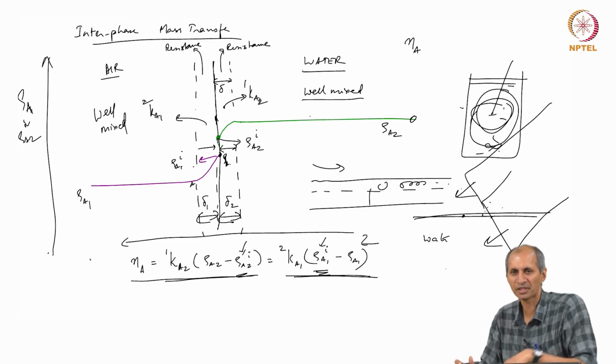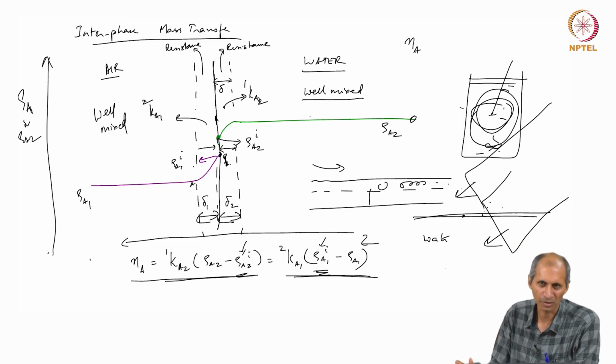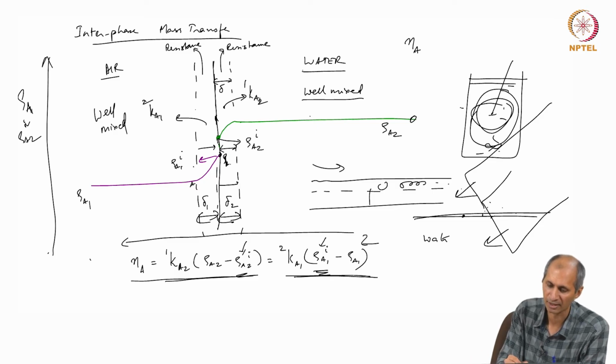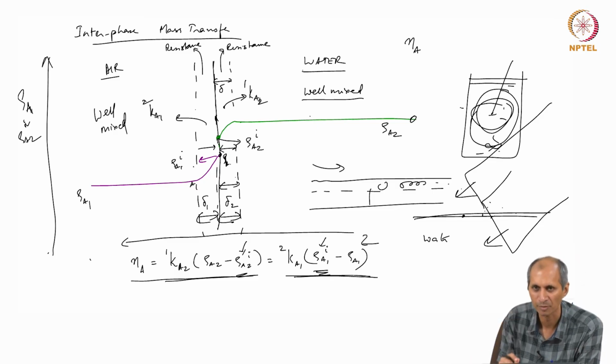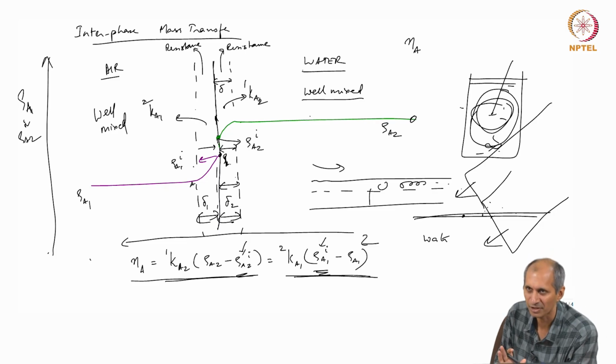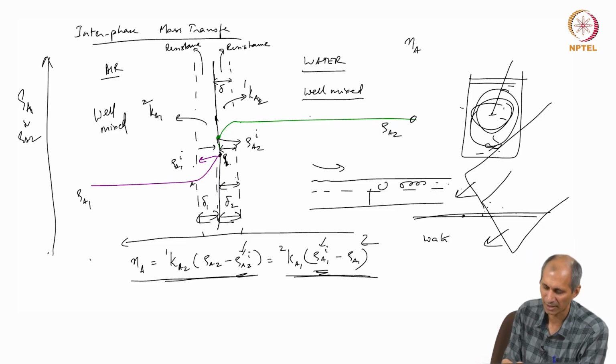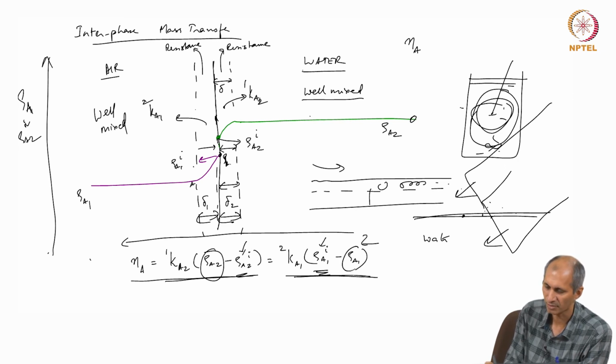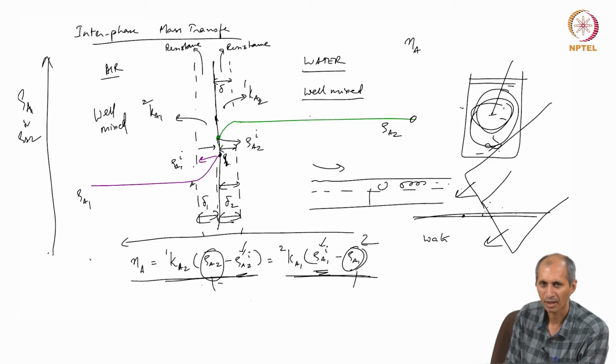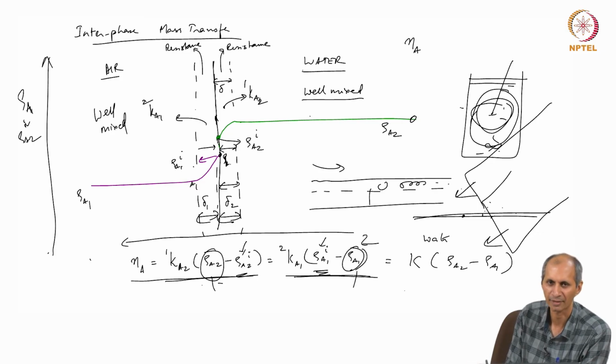Forget about measuring concentration at the interface, it's even worse. When we are talking about gradients in this small region, and this region itself is very small, I cannot really get the interface concentration. So, my only best bet is I can measure this with a great deal of confidence and this with a great deal of confidence. I will stick to this, but then I need another equation where I will say rho A2 minus rho A1 with some imaginary k.